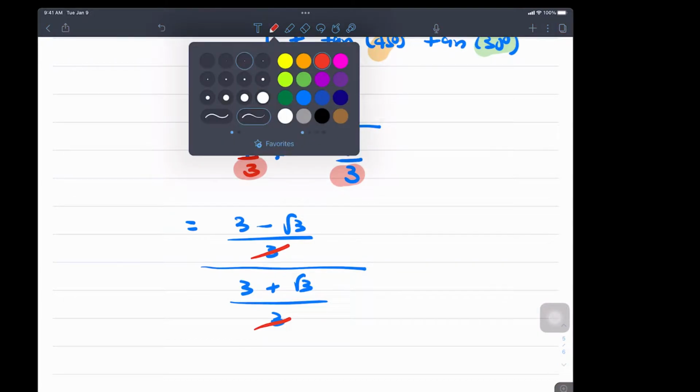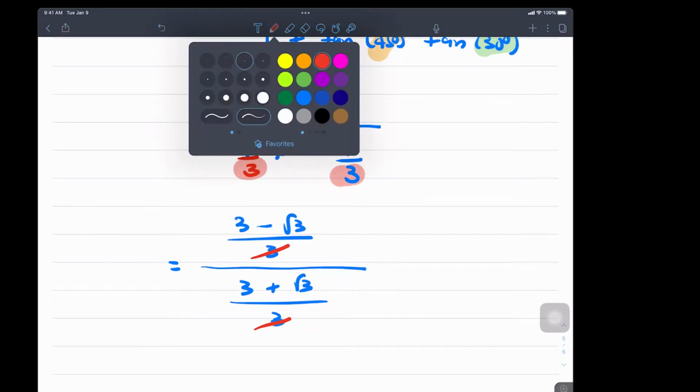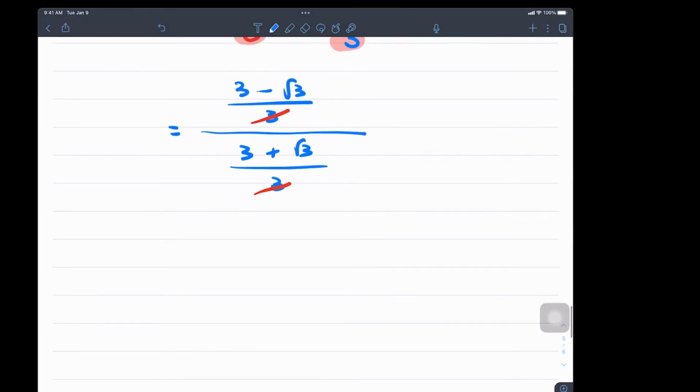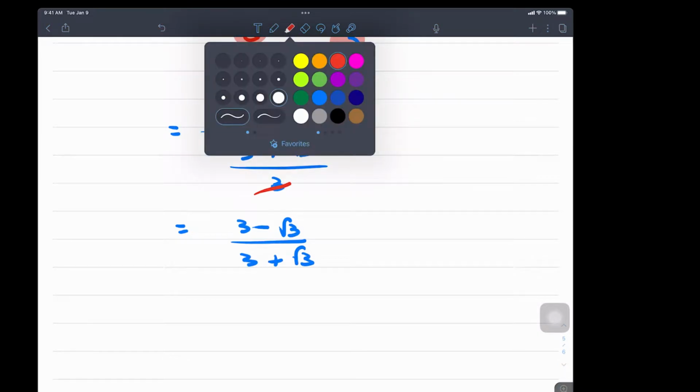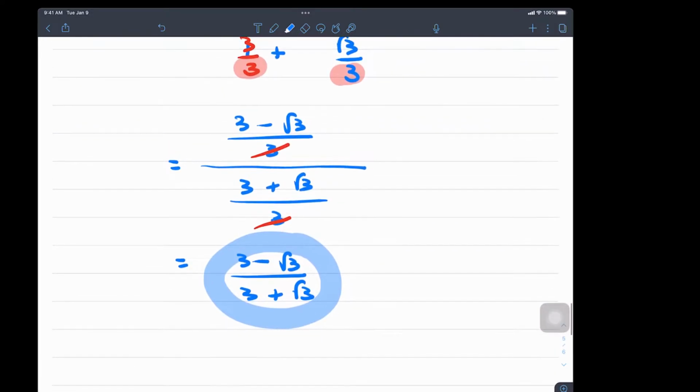If you do your division algorithm, those 3's cancel. What does this come back to equal? And you're done. Just so you guys know, you're done here.